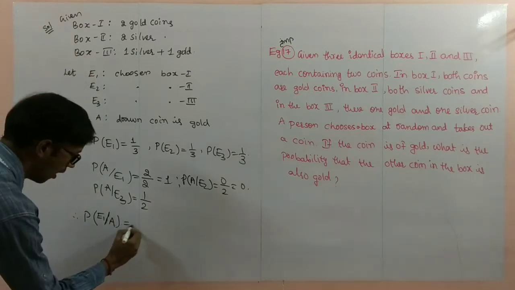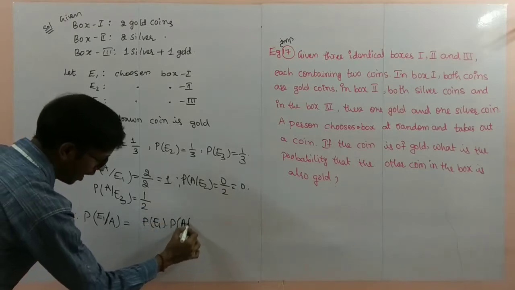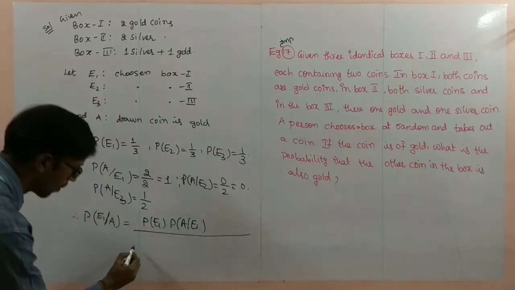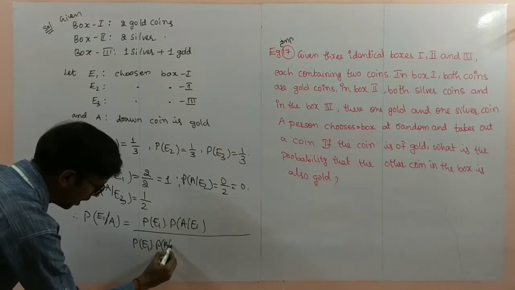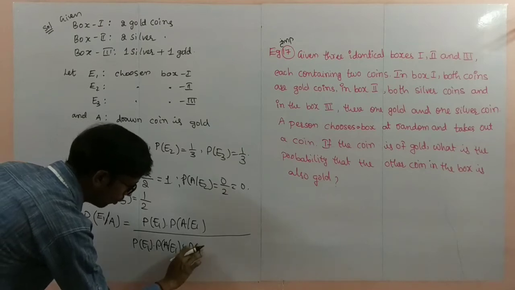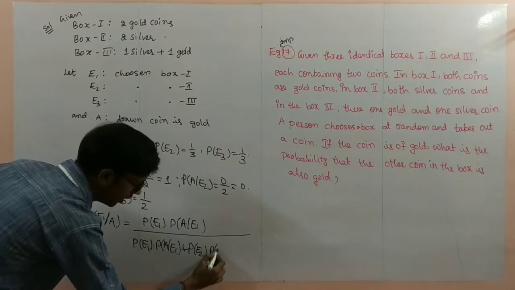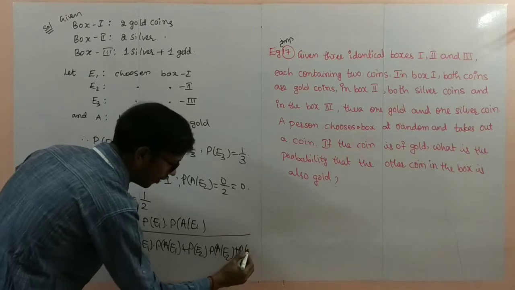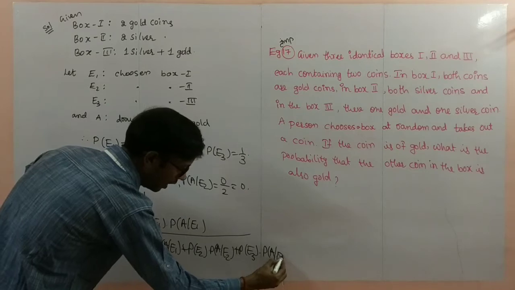So the formula: probability of E1 into probability of A by E1, divided by probability of E1 into probability of A by E1, plus probability of E2 into probability of A by E2, plus probability of E3 into probability of A by E3.